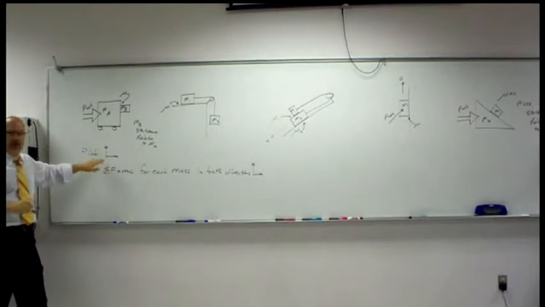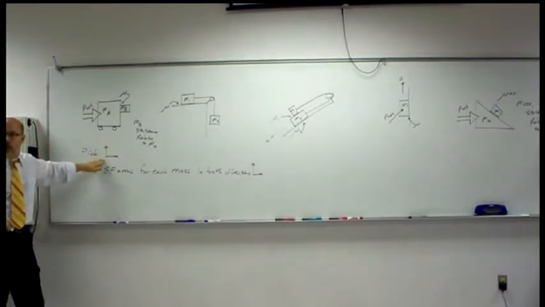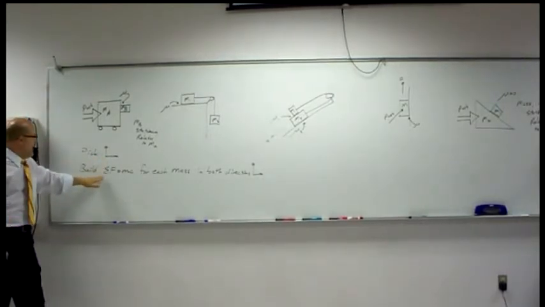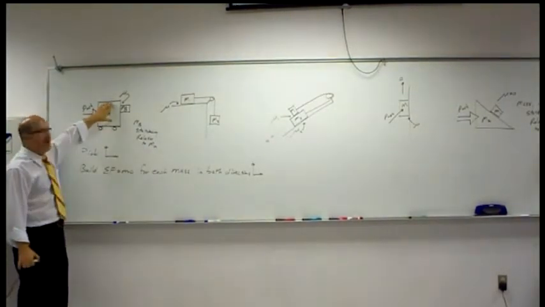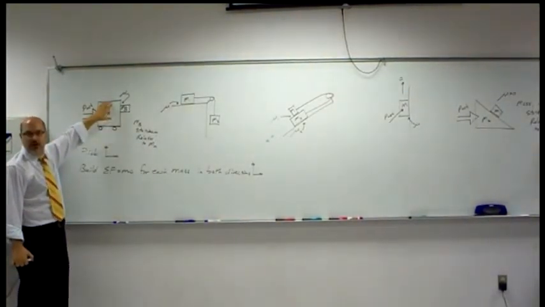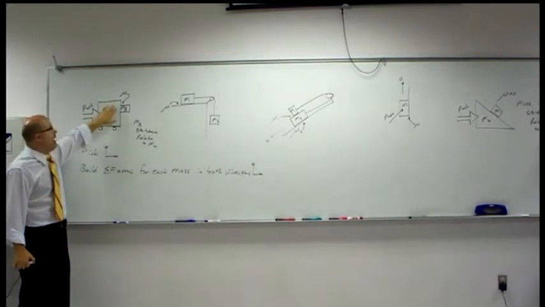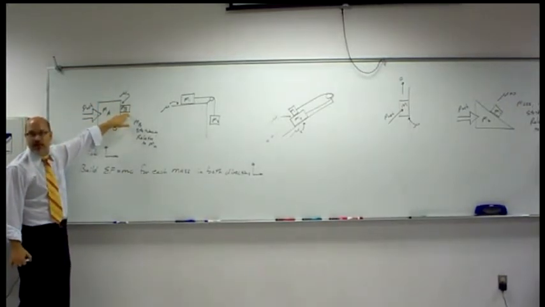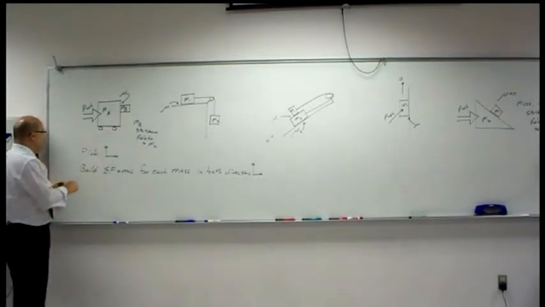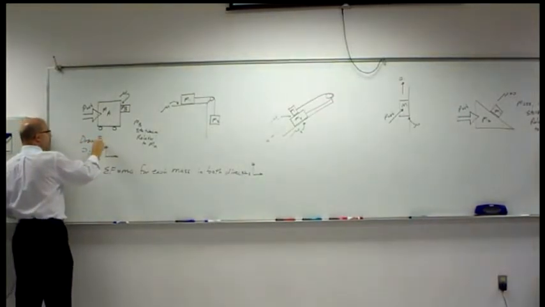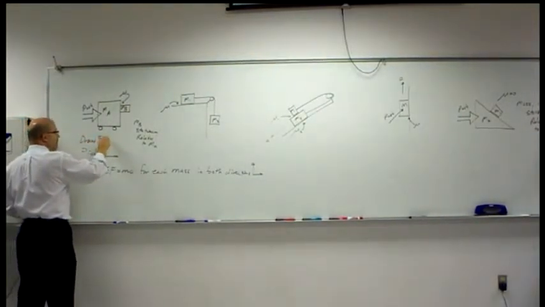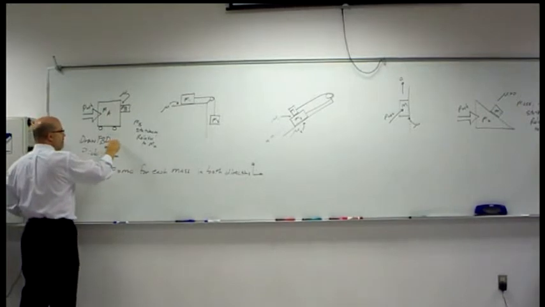Okay, everybody okay with this? You pick an appropriate coordinate system and then build F equals MA for each mass. So like this one will get an F equals MA in 2 directions, X and Y, and X and Y F equals MA for this one. You're going to have to draw a free body diagram for each mass.